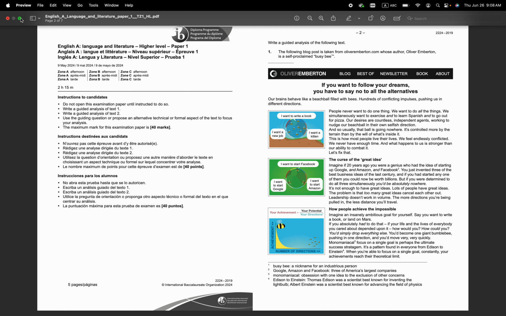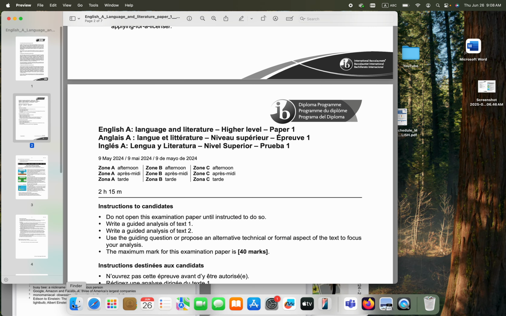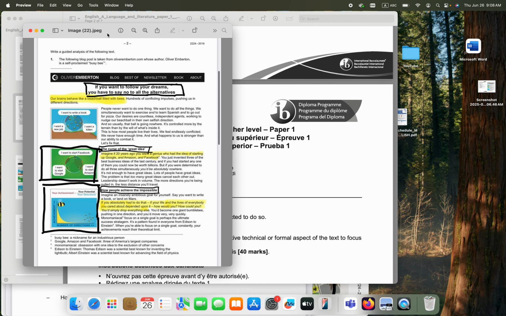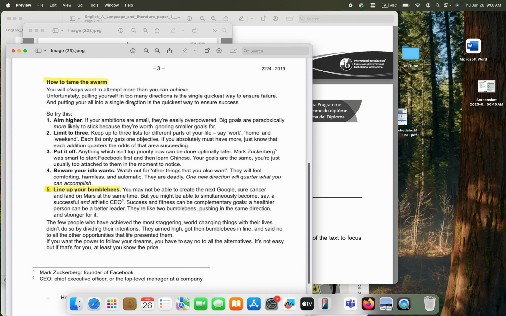Okay, so for paper 1, you usually want to plan for a few minutes before you start writing, but you don't want to spend too long, so at least just circle the main points you want to talk about in your essay, like I did right here.